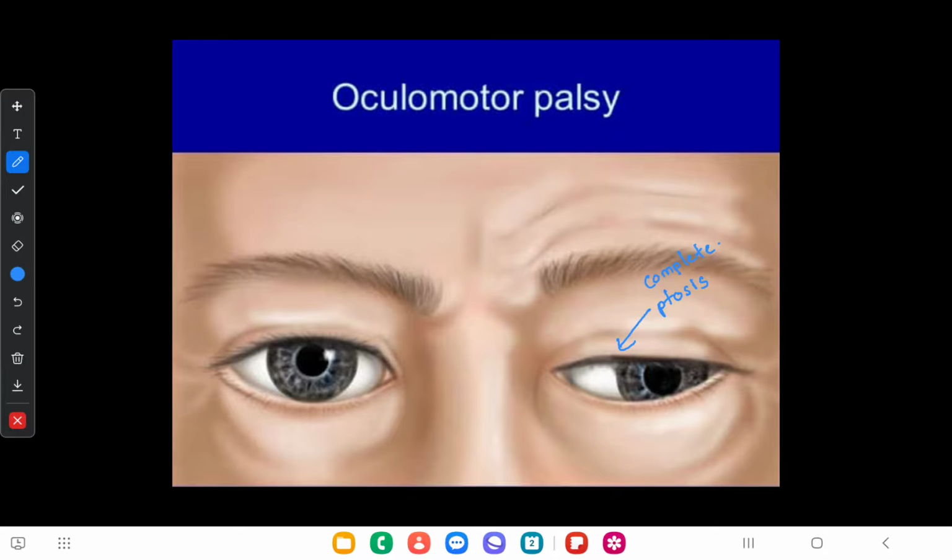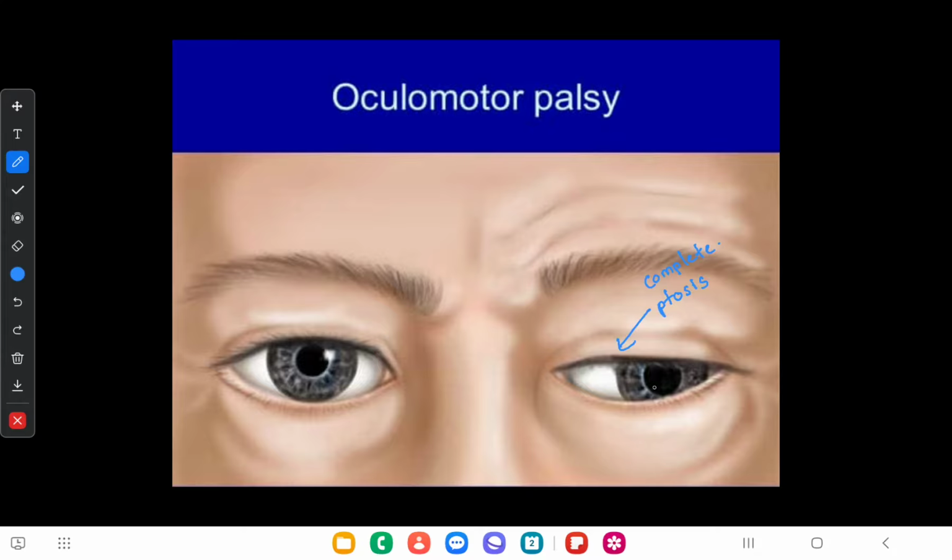Then the patient may experience diplopia, or double vision, when looking medially, inferiorly and superiorly, because the muscles responsible for looking medially, inferiorly and superiorly have been paralyzed now. So the patient may experience diplopia when looking in those directions.